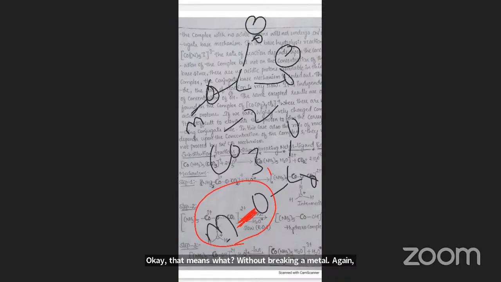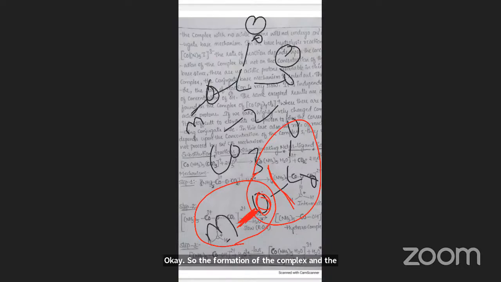This bond is not broken. The bond between the metal and the oxygen does not break. That means without breaking the metal ligand bond, this bond breaks here, and this bond does not break. One of the oxygens of the ligand is bound to the metal. So the formation of the complex and the substitution are also possible.